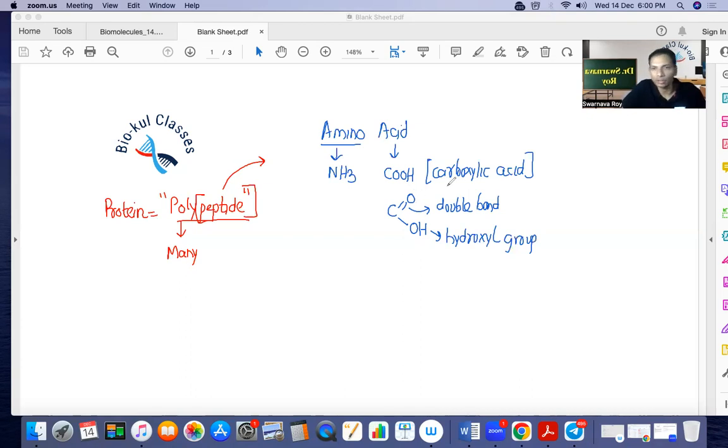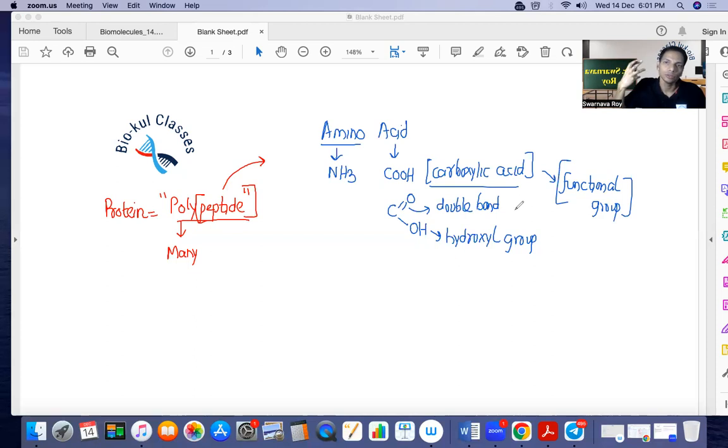So carboxylic acid is basically a functional group. In chemistry or biochemistry, functional groups are certain kinds of groups which attach to a particular molecule and give the molecule certain characteristics.